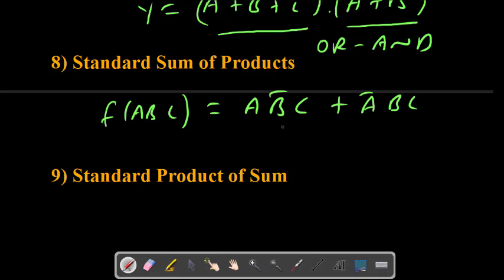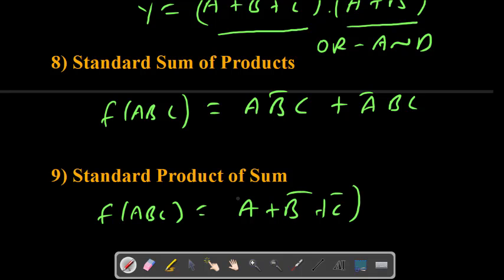So this is the standard sum of products. Then we can also have A B C, and all the three variables should be there, whether complemented or uncomplemented. That is the requirement. Then you can have A or B or C. So this is the standard product of sums.